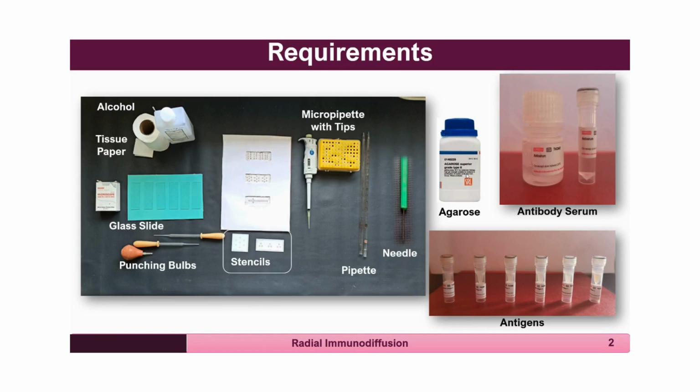Agarose of very high quality, which can dissolve in a suitable buffer should be used, and you will require the antibody, which is called antiserum, and you will require antigen. The antigen in the soluble form and the antibody in the soluble form will be used for the demonstration of the precipitin reaction.